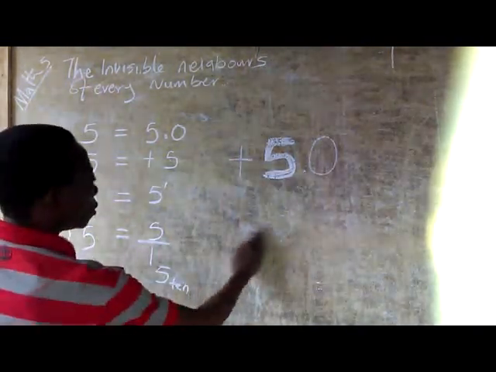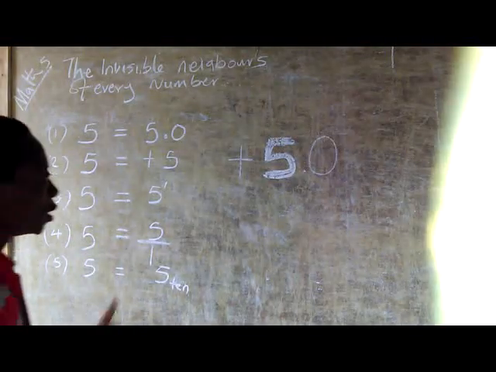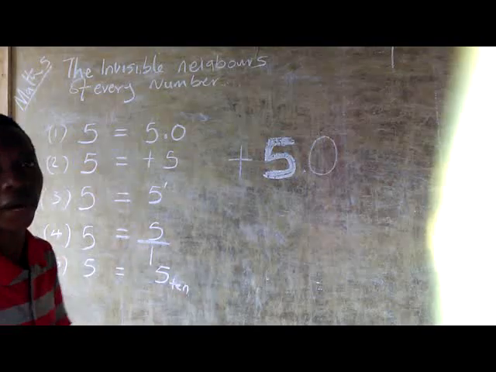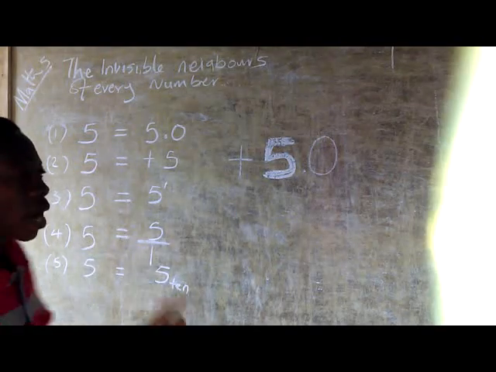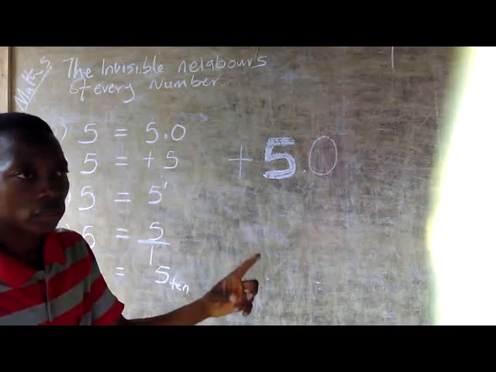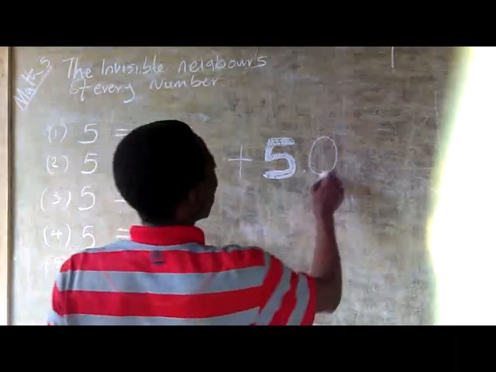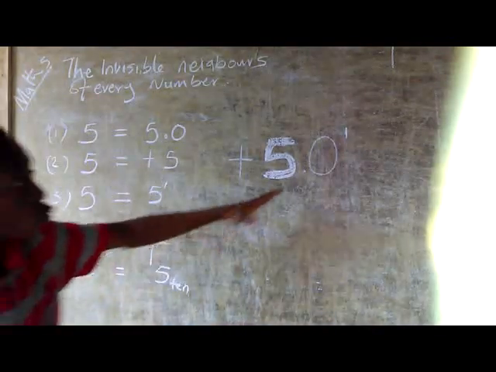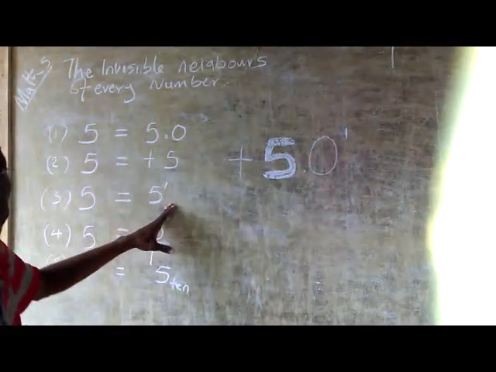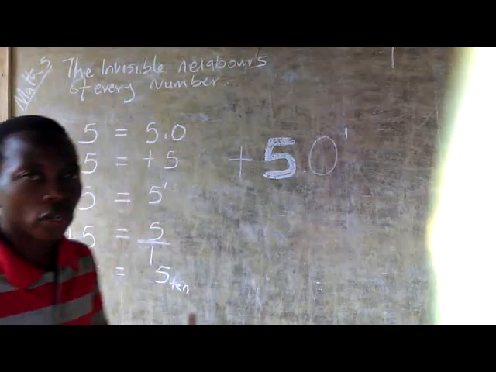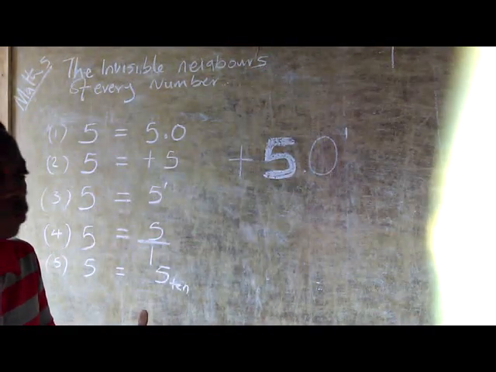Now the next one is the index, the power of every number. Every number has a power, and the power will be indicated if it is not 1. This 5 has a power of 1. Because it is 1, it can be invisible. If it is any other number, it cannot be invisible.